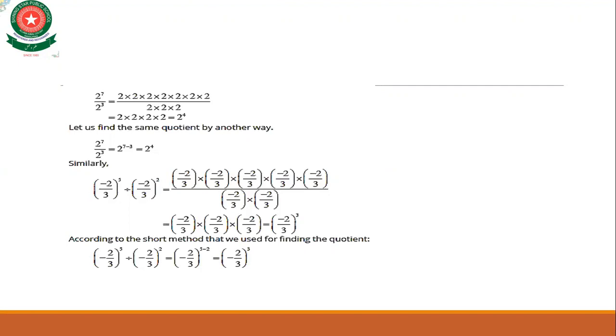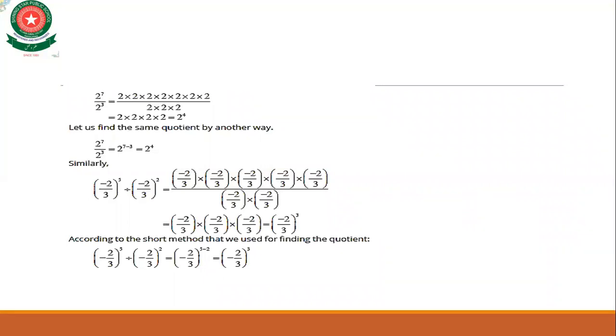That is the rough idea. Now we are going to solve the same question in another way. For example, 2 power 7 over 2 power 3 is equal to 2 power 7 minus 3.